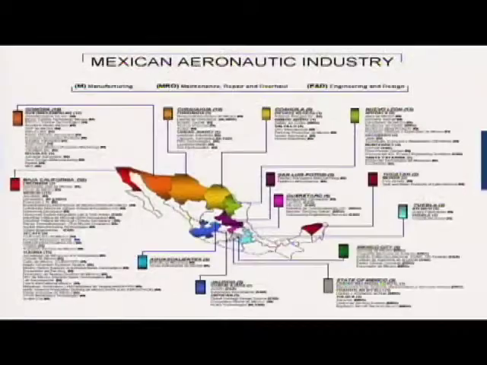And so what I wanted to just outline is what that would mean in terms of what this group is trying to do. Because it seems to me that the data categories for clusters and chains are identical. In other words, if you look at the aerospace industry in Mexico, you can have this kind of map that'll show that the aerospace industry has production facilities in various parts of the country.